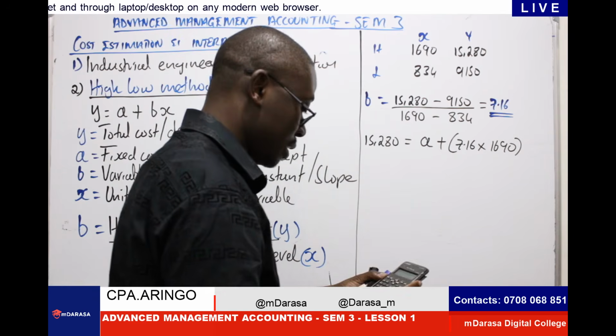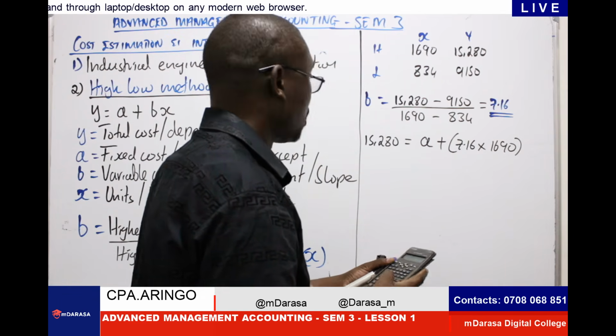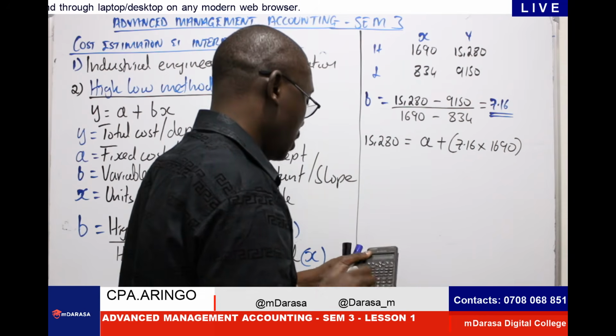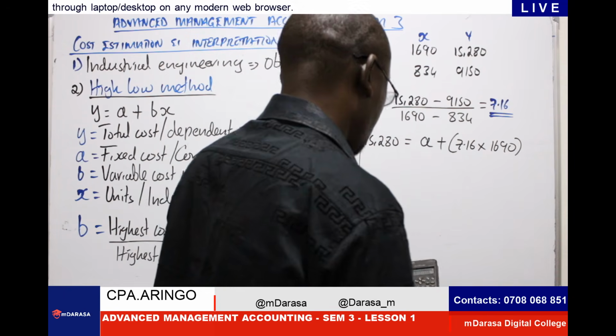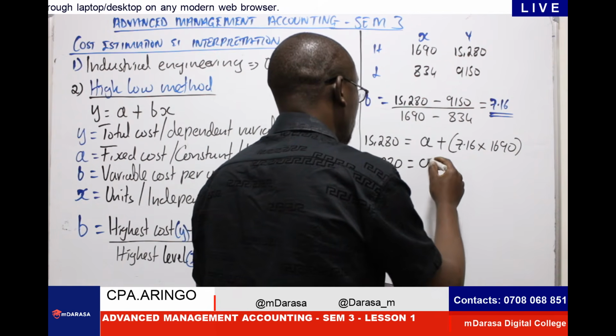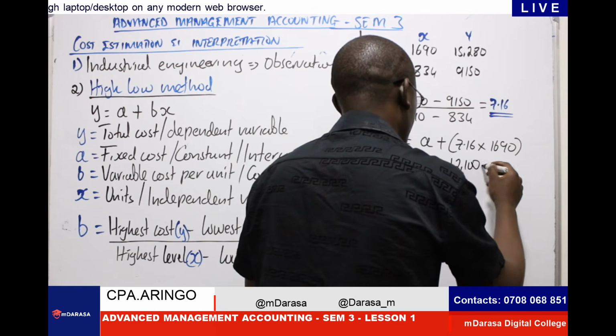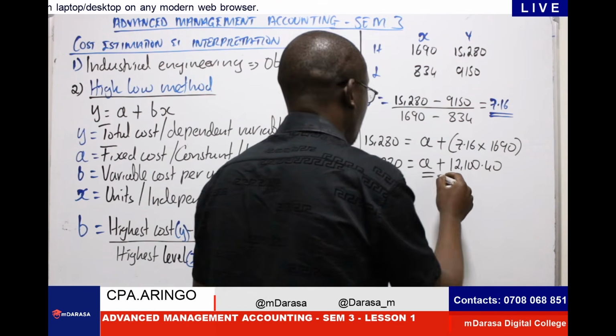Because I'm taking 1690 times 7.16, of course, that should be 12100.4. So we agree 1580 is equal to A plus 12100.40. So what is my value of A?